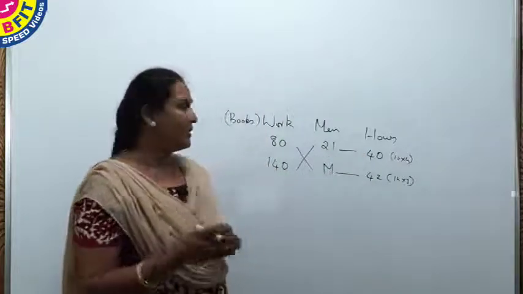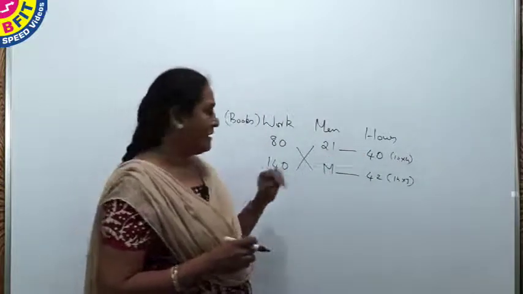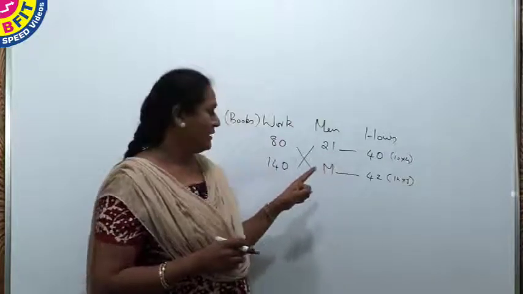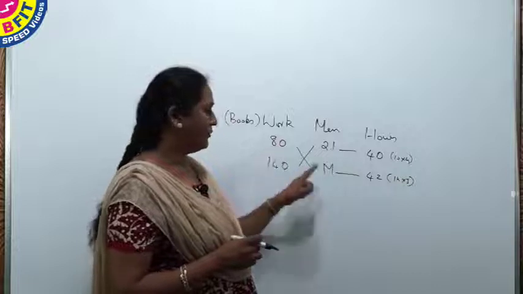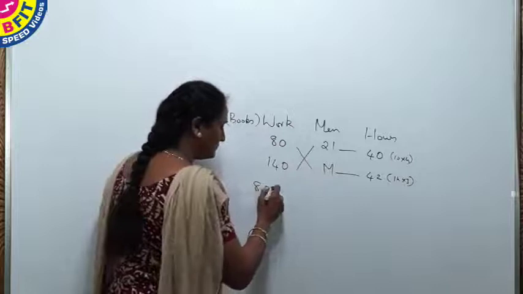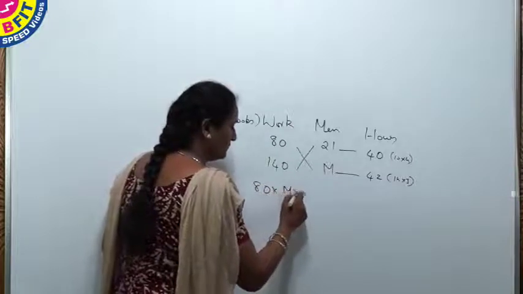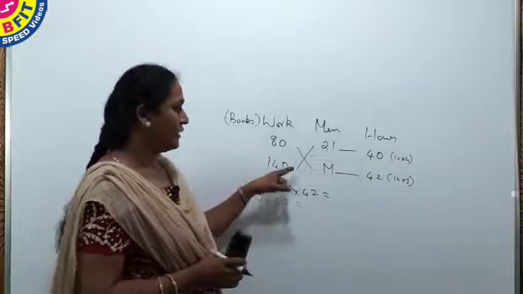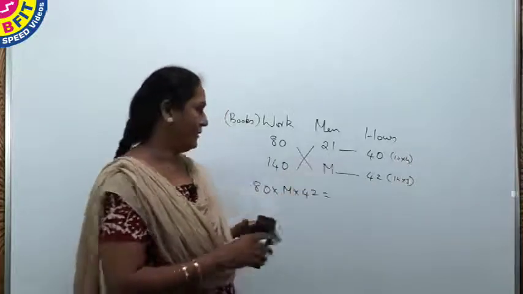So now using the concept of direct variation and inverse variation, we can find this value of m. So here the product of 80 into m into 42 is equal to 140 into 21 into 40.